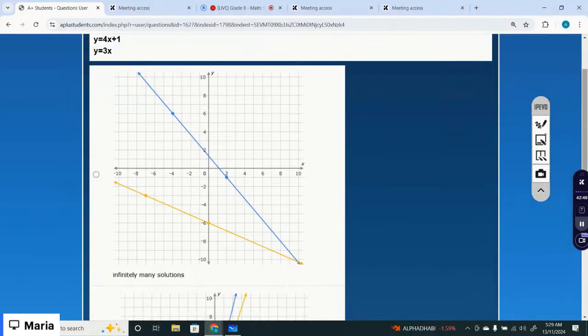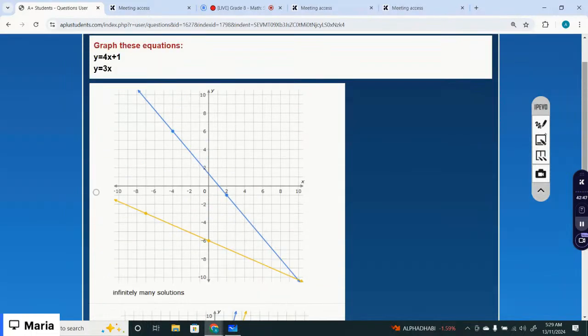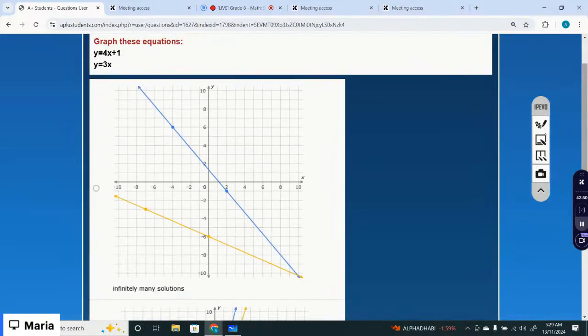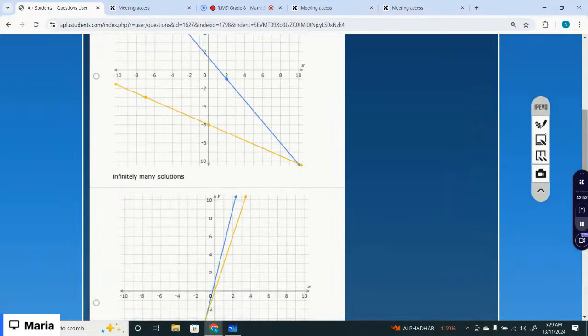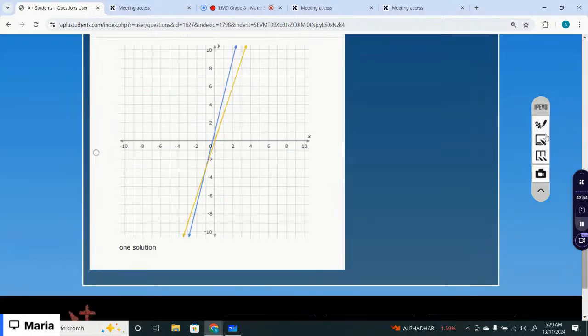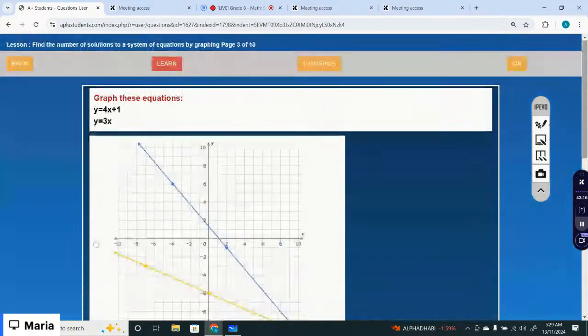So which is the correct option? Option number 2 is the correct option. Option number 2 is the correct option, right?